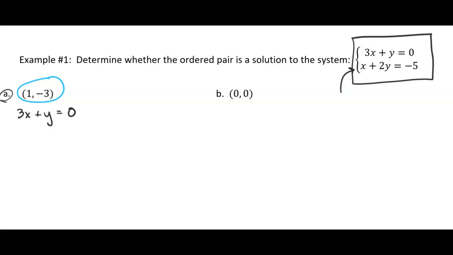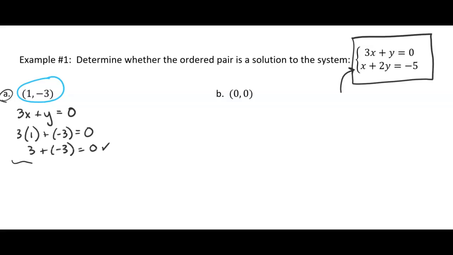So I have 3 times 1 plus -3. Does that equal 0? Well, 3 plus -3 equals 0. So yes, it works for the first one. I'll put a little check, because it doesn't mean it works for the whole system. It has to work in both equations.